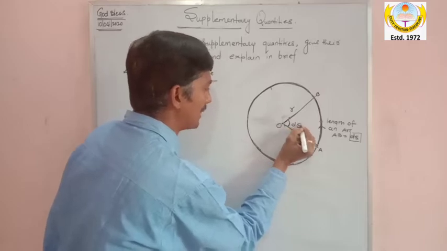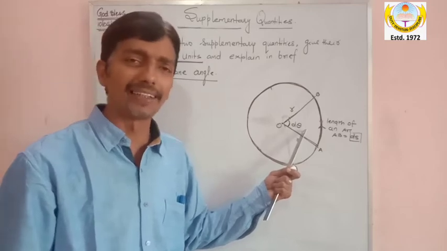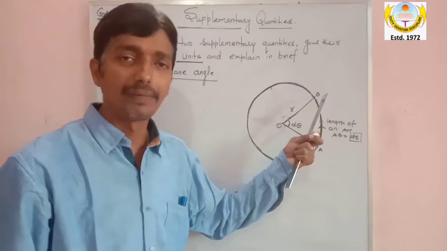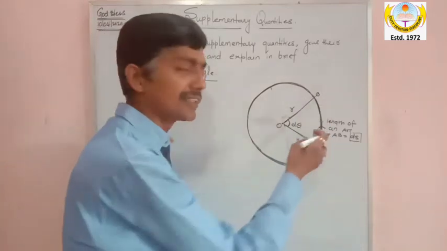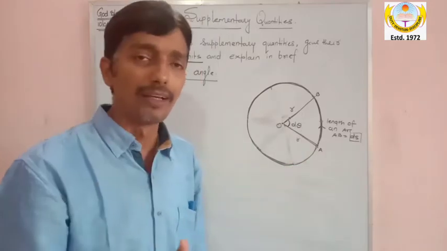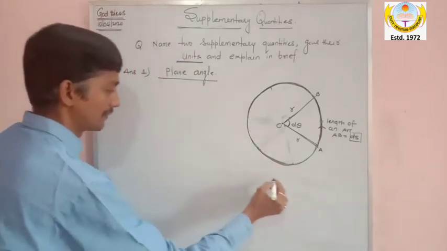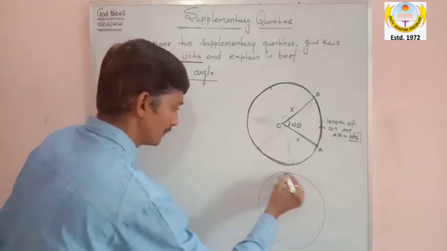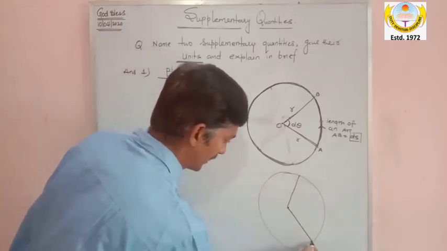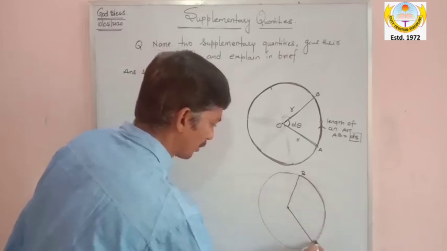It is denoted by d theta. Generally, my angle is denoted by theta, any angle. But since the length of the arc is small, the angle subtended at the center will also be small. If the arc length will be big, like this, if I take the center here, and here if I make one, and here if I make another, this is say A and this is B. Now the length of the arc is so much.